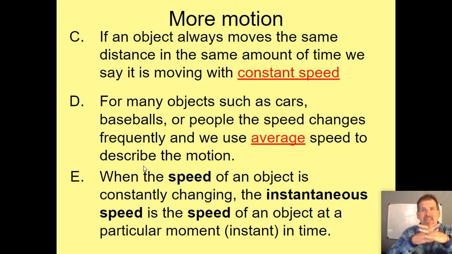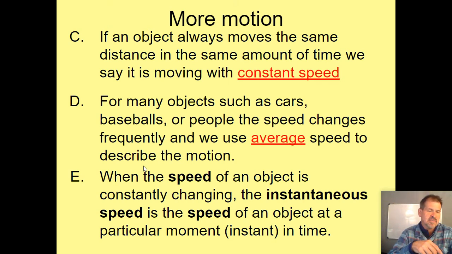When the speed of an object is constantly changing, or even infrequently changing, the instantaneous speed is the speed of an object at a particular moment in time. If you look down at your speedometer when you're driving, whatever your speedometer tells you at that moment, that is your instantaneous speed.